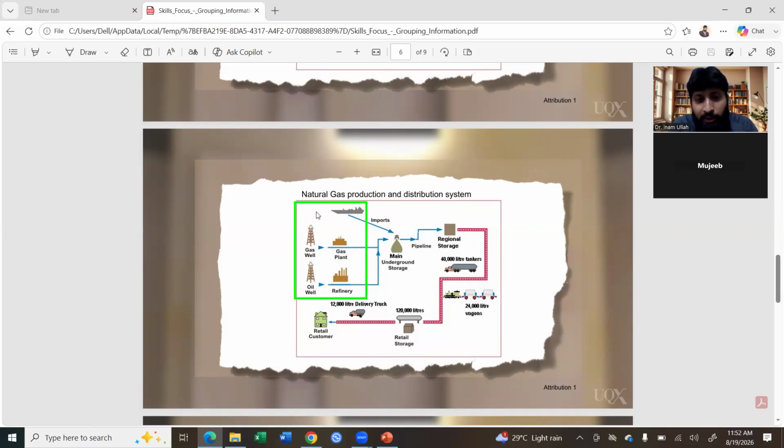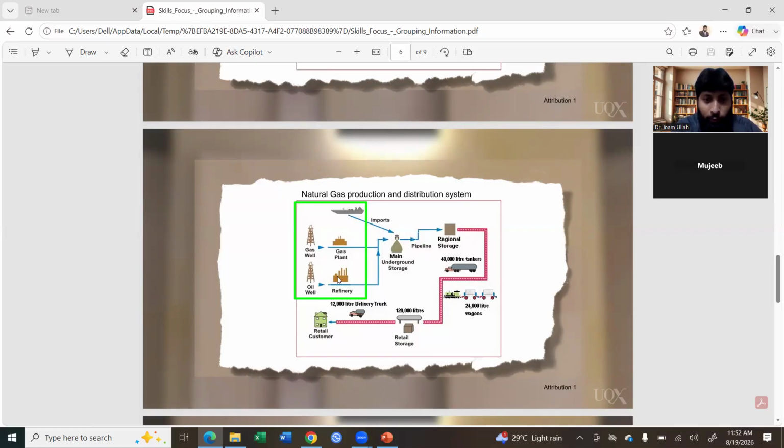One, it is taken through imports through ships. Another one is gas well or gas pipeline, right? To the main underground storage. And the third source is the oil well or oil refinery, right? These three sources are actually supplying the data, the minerals, to the main storage, right?